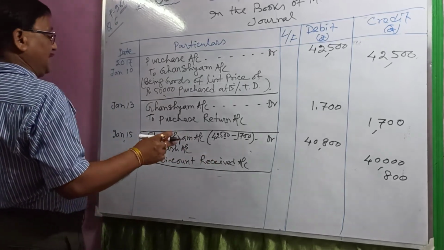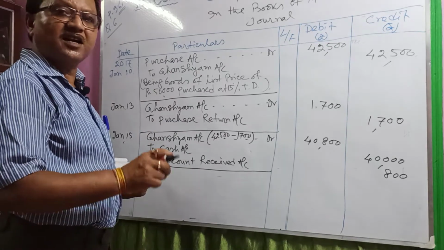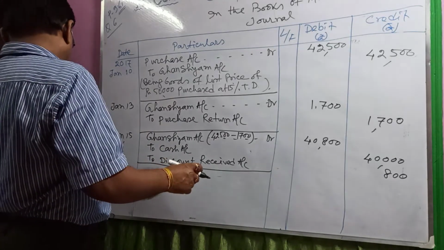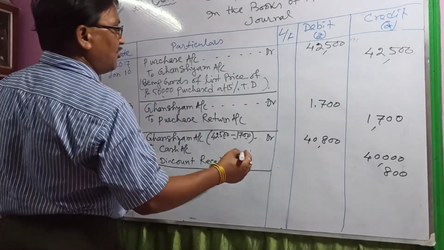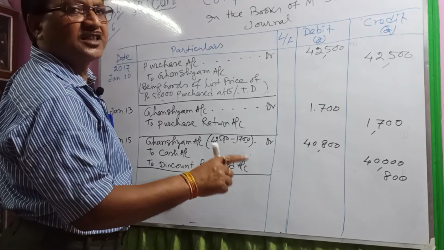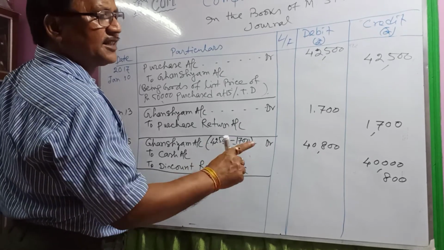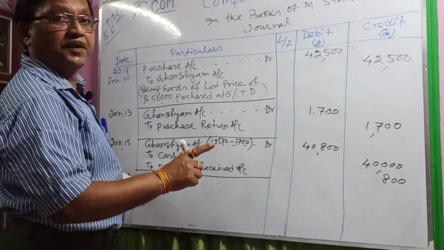Actually purchase goods from Raghu, this is not a cash transaction, it is a credit transaction. In this case, what is the amount? 60,000, and again discount 10%. 10% of rupees 60,000, that is 6,000. Actually transaction given 60,000 minus 6,000, that is 54,000.